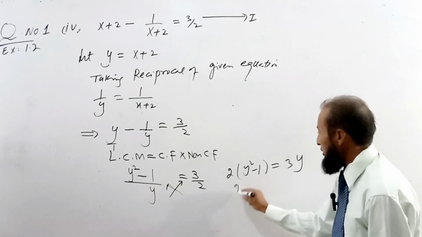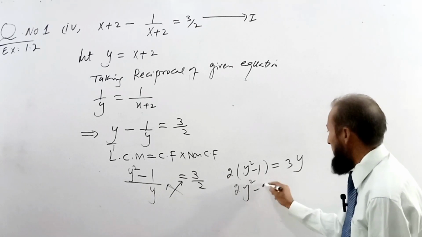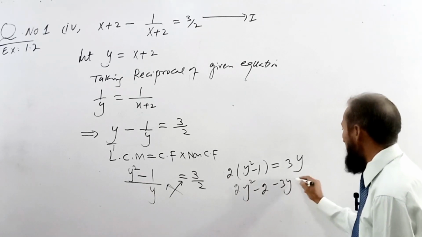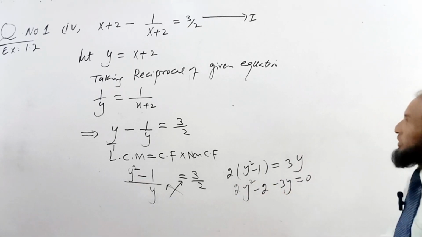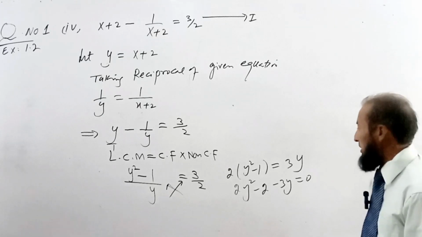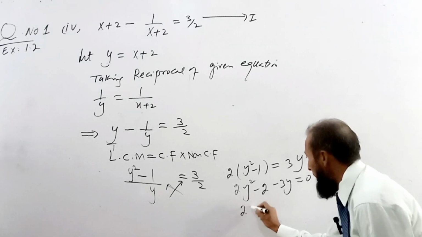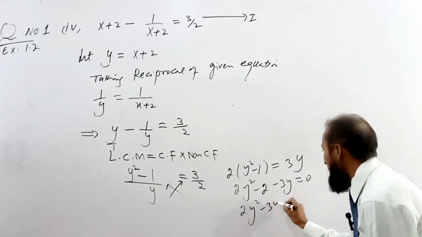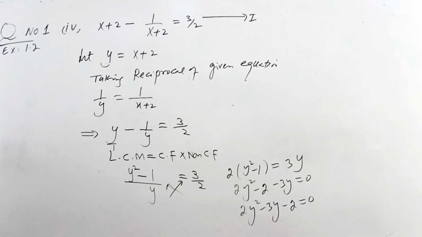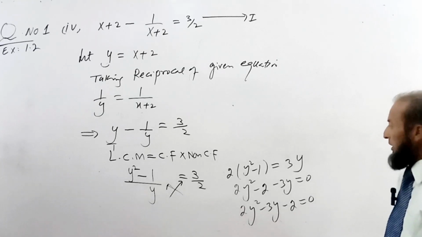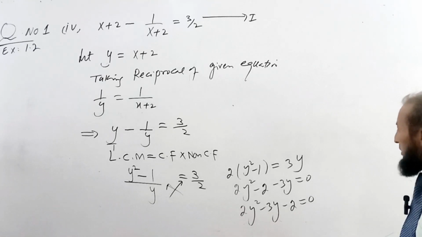Now open the brackets, 2y square minus 2 minus 3y is equal to 0. We change this term to the right because we are changing into the form of quadratic form. So 2y square minus 3y minus 2 is equal to 0. Now we are using factorization method here. Any method we can use, this is your choice.